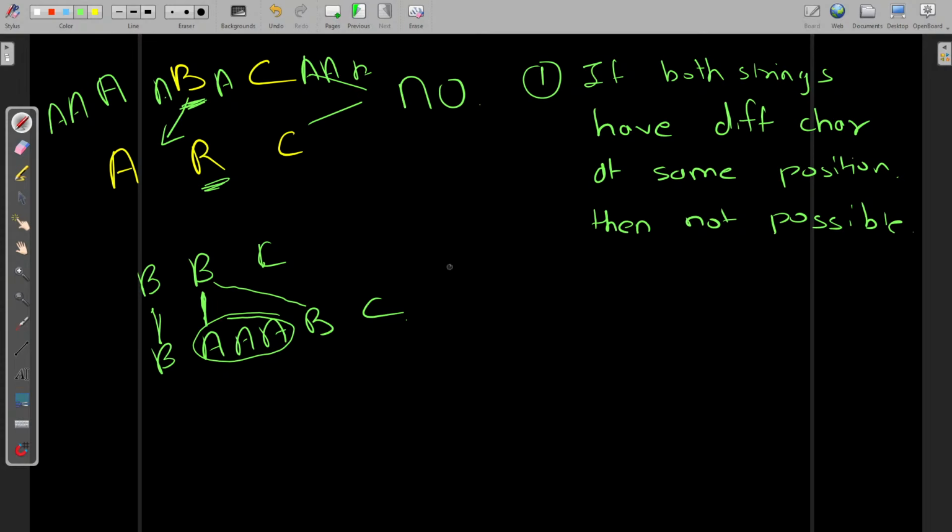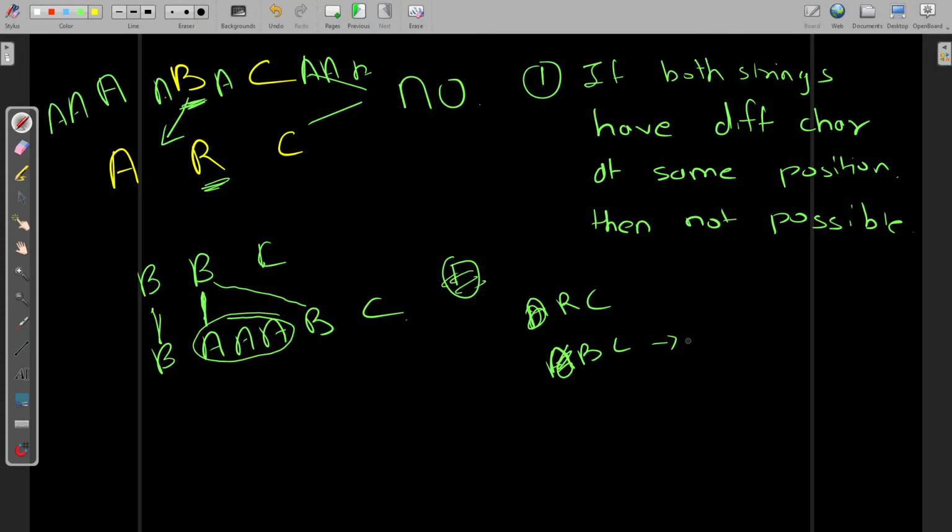So what we can do is remove all the occurrences of A from both these strings. Why am I saying so? Because let's say if our strings were ARC and ABC, if I remove all of these characters, it does not matter where A was in the first string or in the second string. For any A in the second string, I can surely insert that many A's in the first string at whatever position I like.